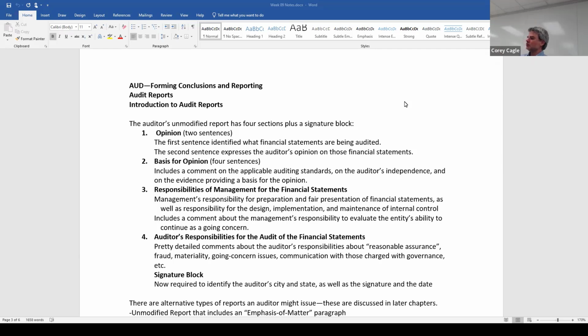Then we got a huge little section about the auditor's responsibilities. Lots of detail, lots of good stuff to know. Our objectives as the auditor are to obtain reasonable assurance, important word, right?